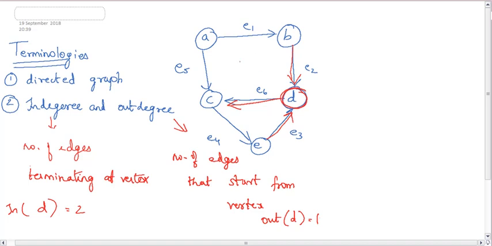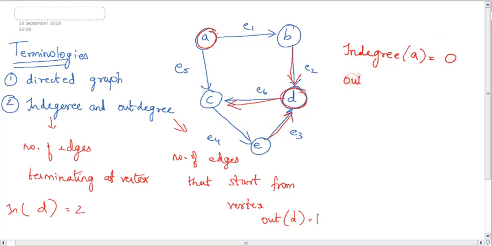We'll see one more example of A. Let A be a vertex. So in this, if you see the in degree of A, what is in degree? In degree is nothing but the number of edges terminating at A. There are no edges terminating, there are two edges leaving from A, therefore in degree becomes 0.